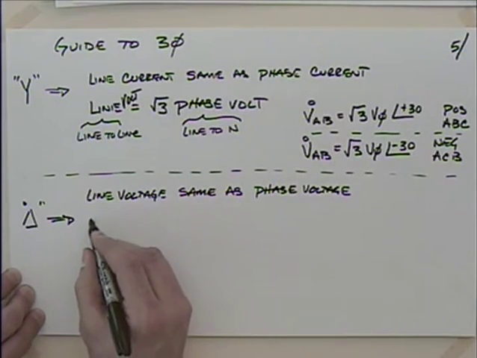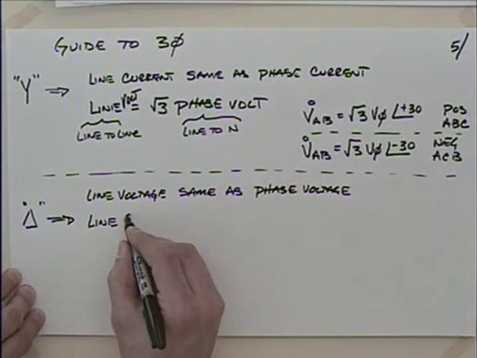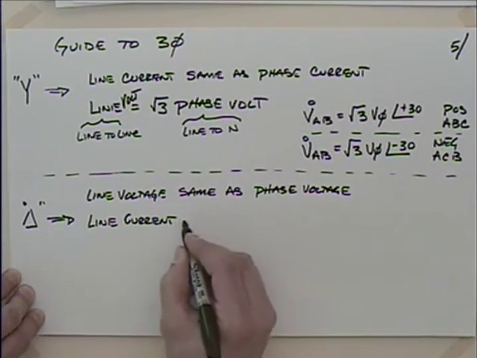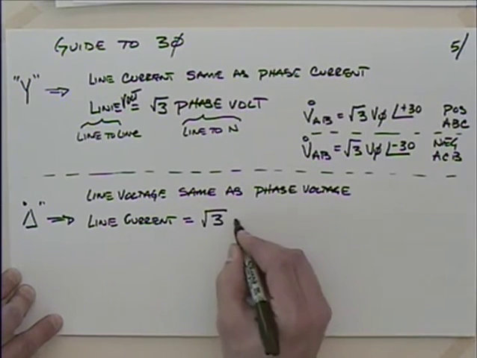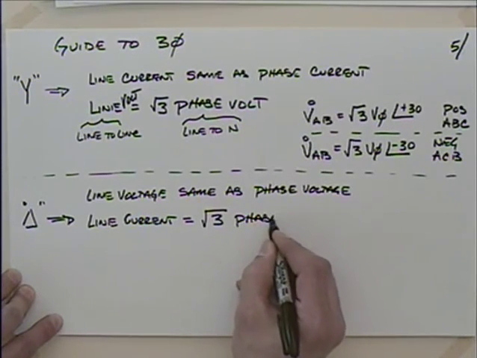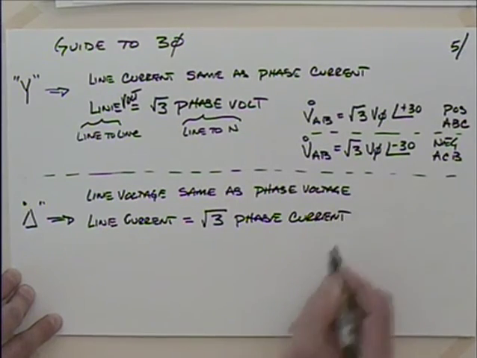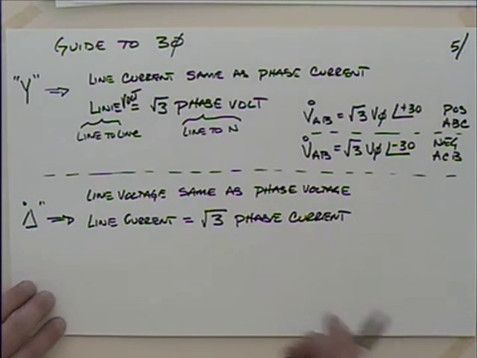I could say that the line current is going to be equal to the square root of 3 times the phase current. Okay. So the line current is greater than, multiply the phase current by the square root of 3, in fact, to get the line current.